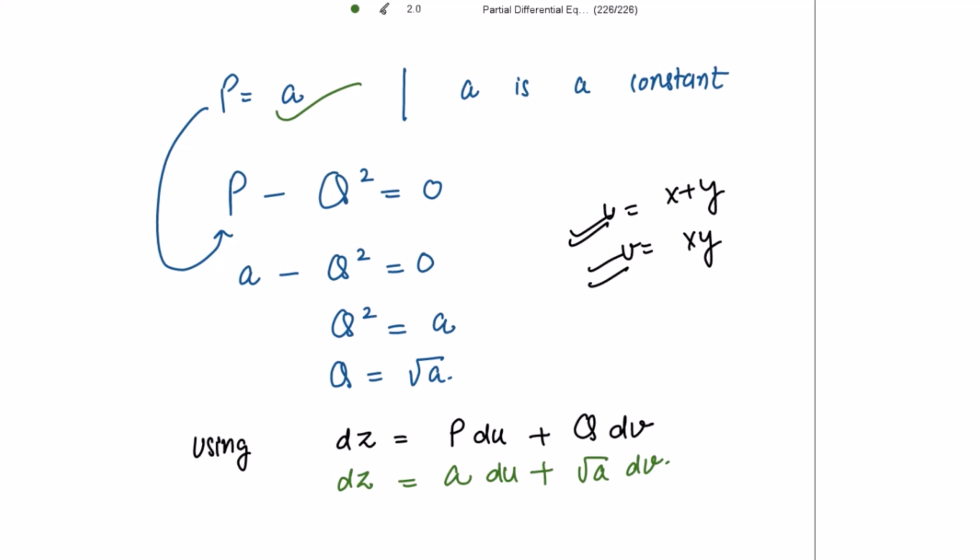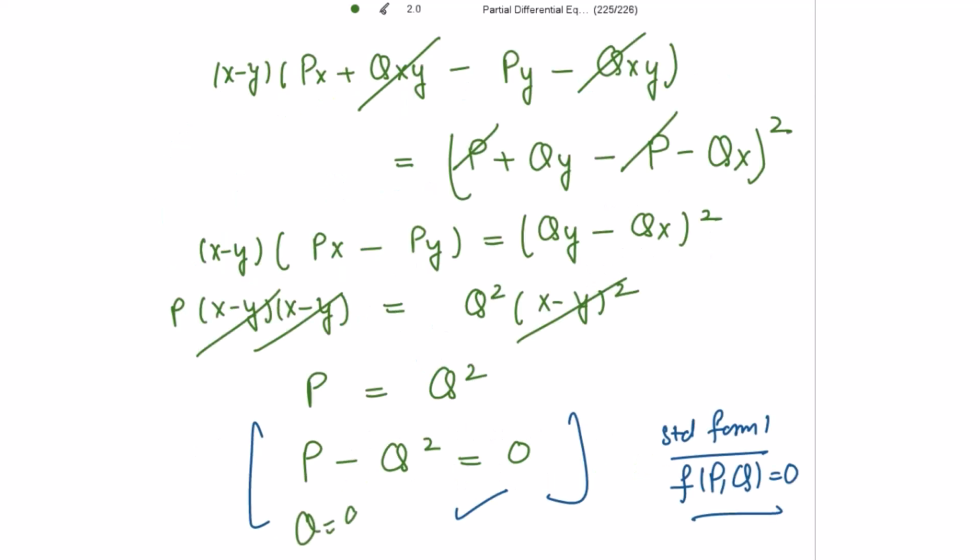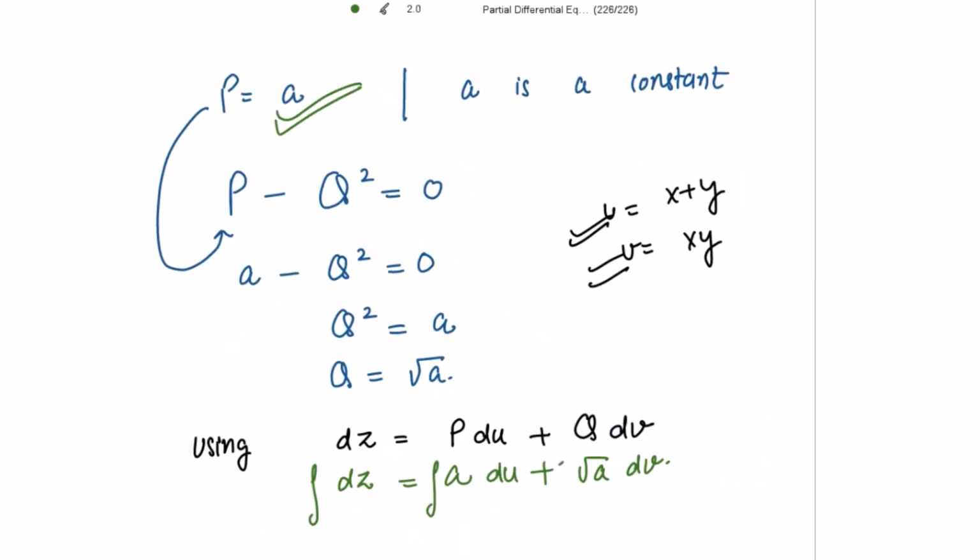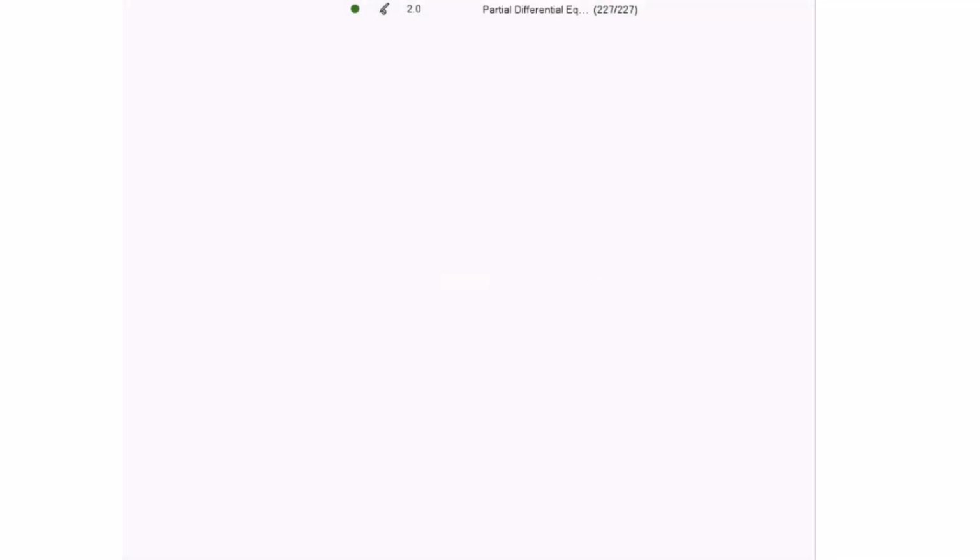You can also consider q to be equal to a and get the value of p. You can also do like this, but I always take the only one way to consider p to be equal to small a, right? So now integrating, we get z equal to a u plus square root a v plus the constant b.